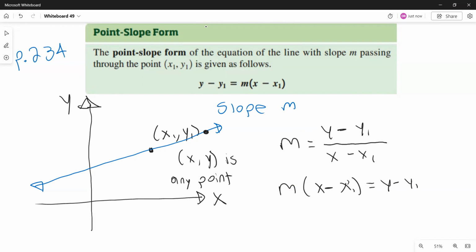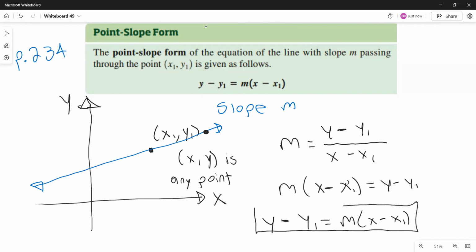Or if we switch sides, we have the formula that we see above: y minus y1 equals m times x minus x1. So that's the point-slope form of the equation of a line.